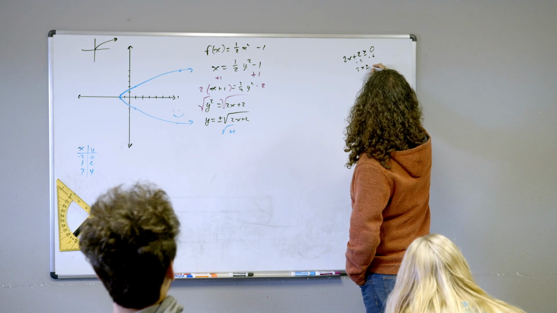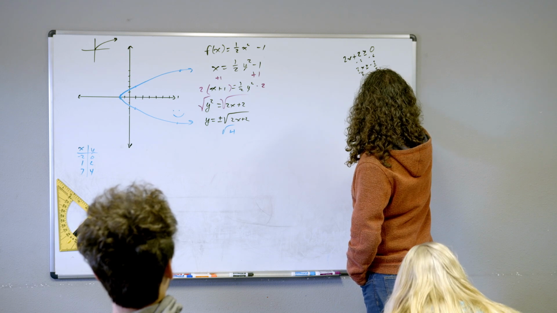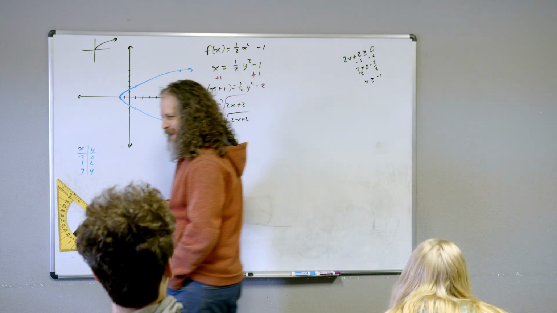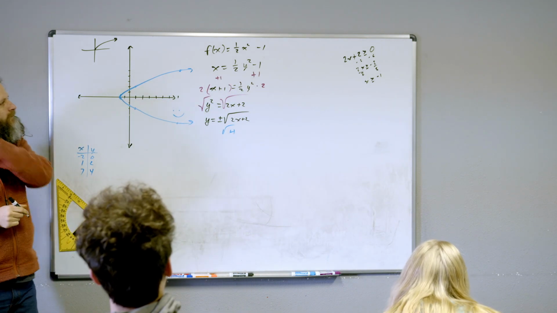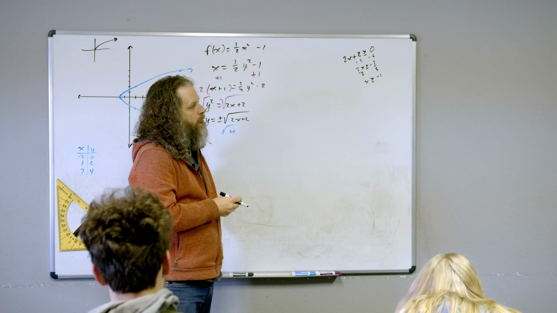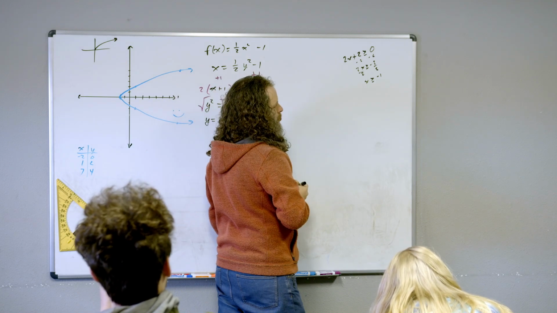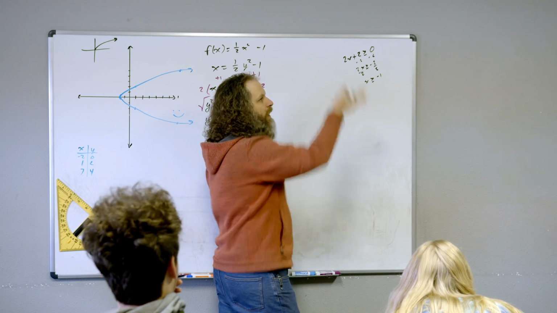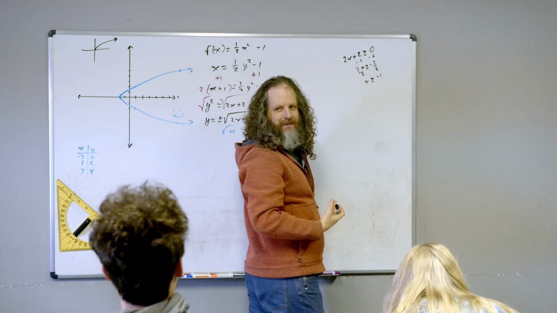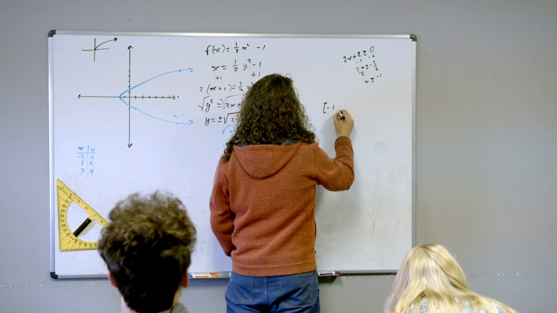It's got to be greater than or equal to negative 2. Divide by 2. X has got to be greater than or equal to negative 1. How do we write that in interval notation? So it's a bracket, negative 1. What's the lowest number possible? Lowest number is negative 1. So negative 1 in a bracket, and then to positive infinity.